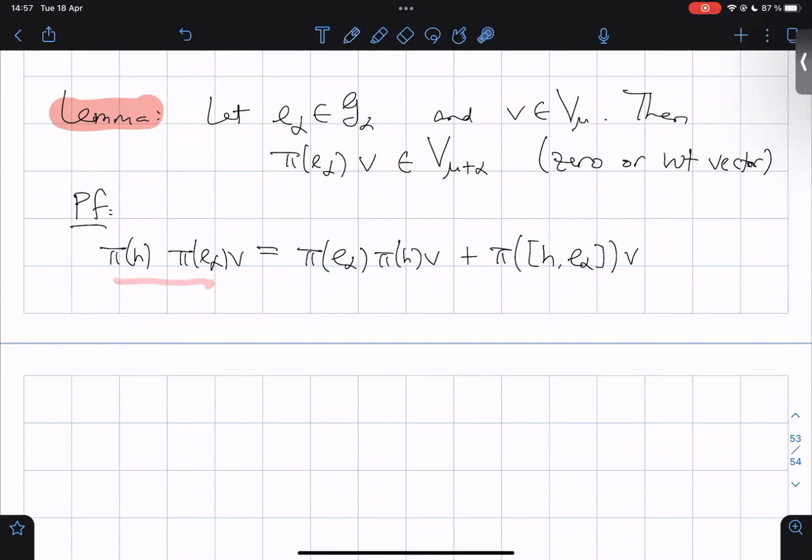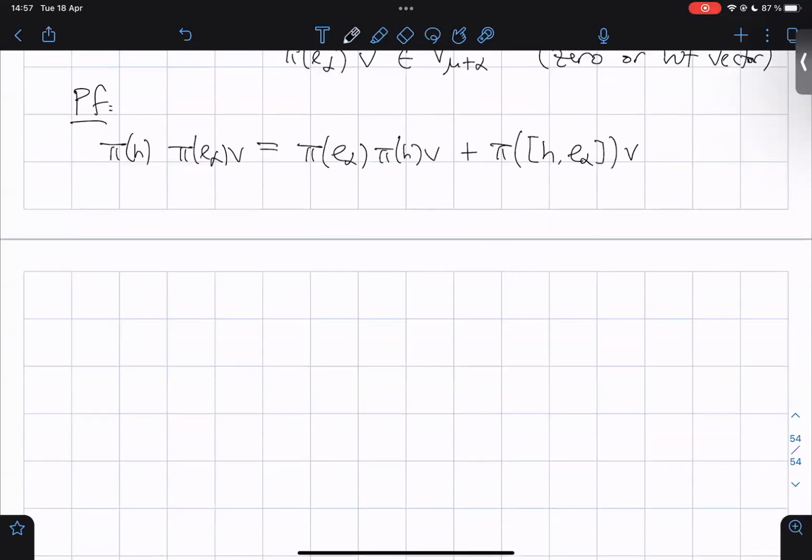This minus this would give you a commutator of pi of H and pi of E_alpha. I've used the homomorphism condition to write it like this, so that I could bring in the eigenvalue condition, because this is alpha of H times E_alpha. This is a number. This is a linear operator. I can move that out.